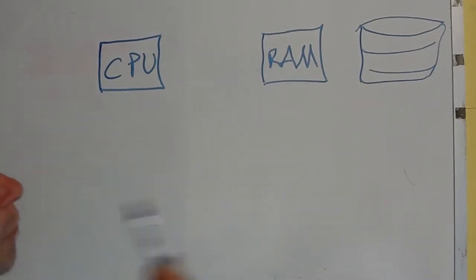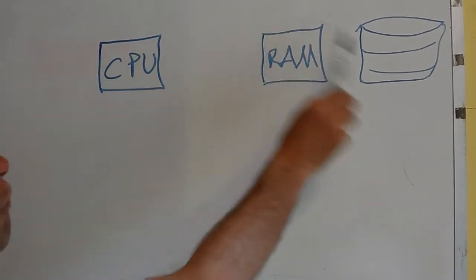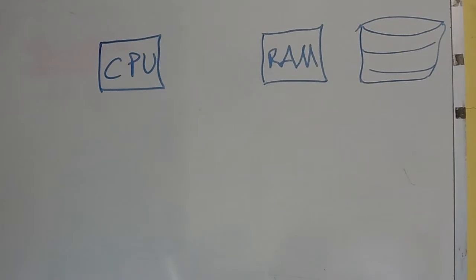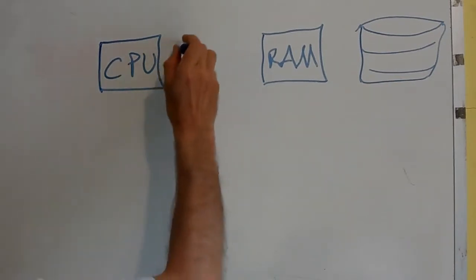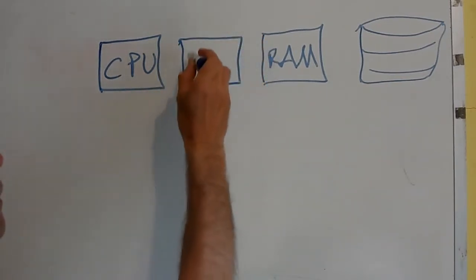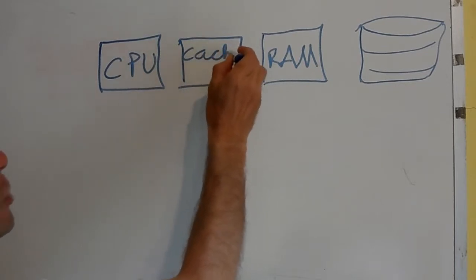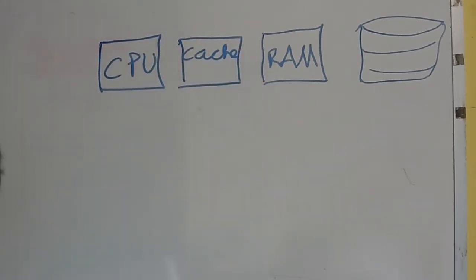Fortunately, when a computer runs, it tends to use the same variables time after time. It tends to use data which is close to other data. So the access to the hard disk is not completely random, and we can take advantage of that by putting here a small-ish bit of memory called cache.